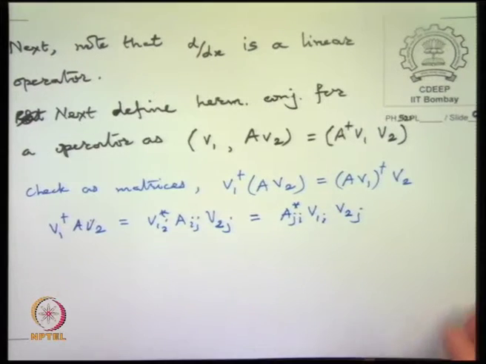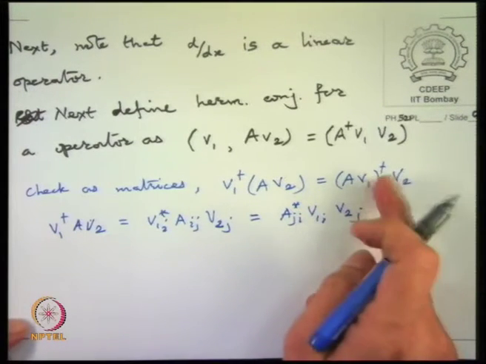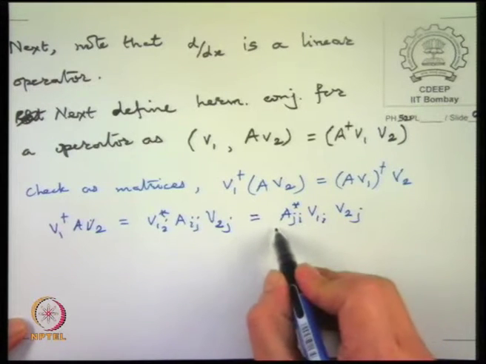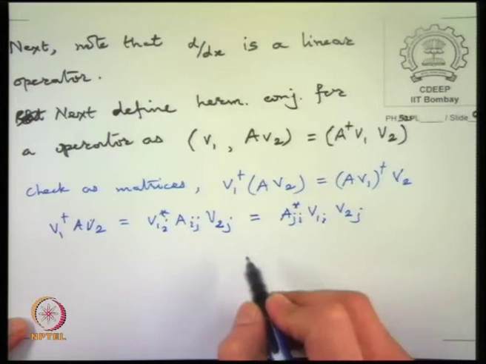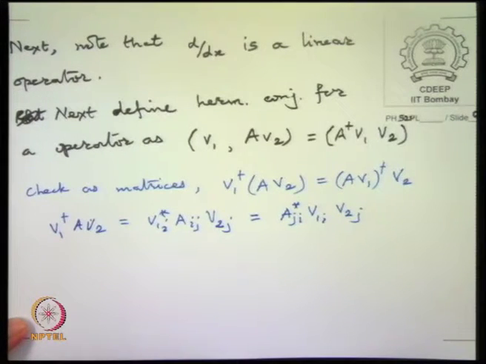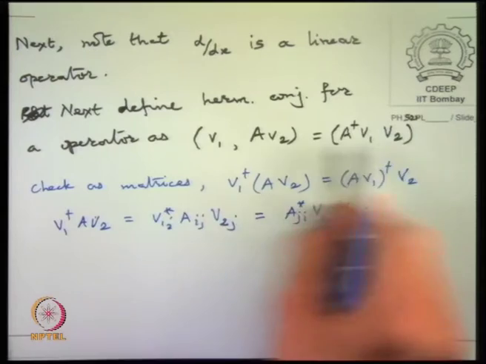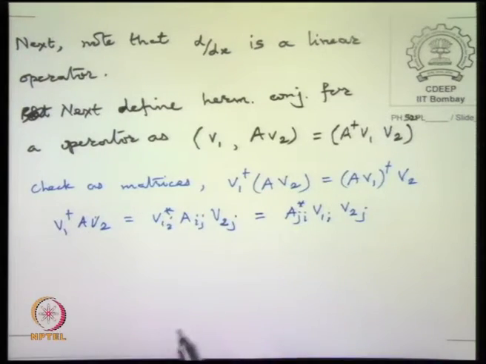The definition of the Hermitian conjugate is that it is Aji star. So this is what we call the Hermitian conjugate of A. We want to see what acts as the Hermitian conjugate of A. Yeah, so I think this is correct. In any case, that is the definition of the Hermitian operator.